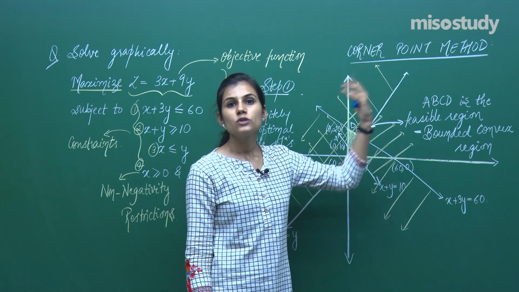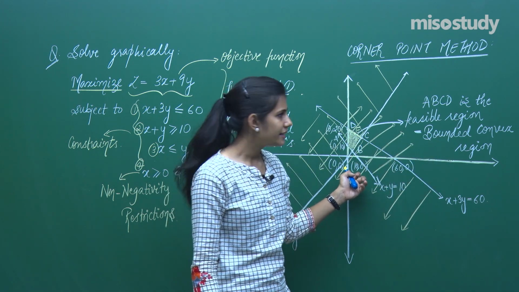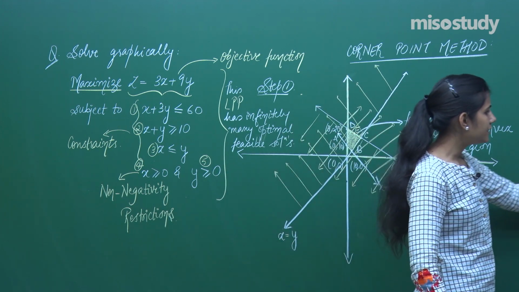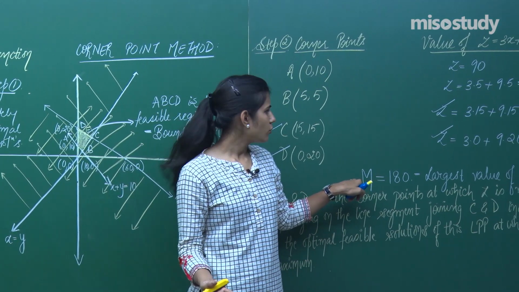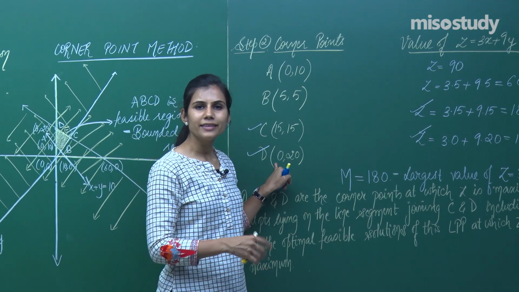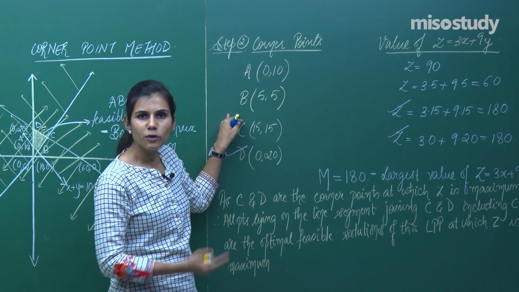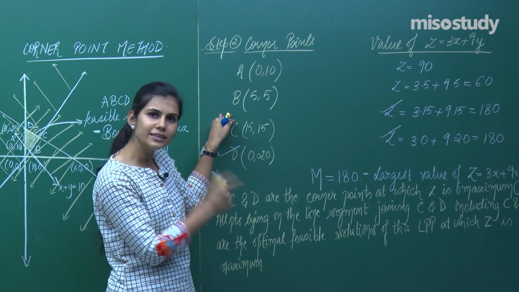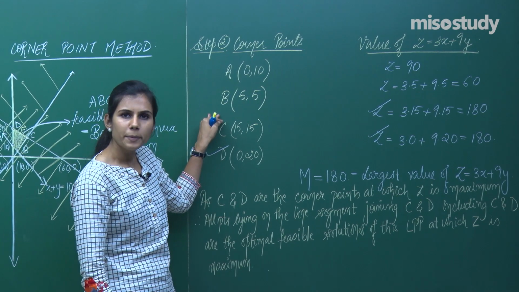At all the corner points, we got the value of Z. Because my feasible region was bounded, the largest value of Z was the maximum value of Z of my LPP. That was being obtained at whichever corner point, that was my optimal feasible solution. If only one corner point had been giving me the maximum value of Z, then only that unique point would have been my optimal feasible solution.